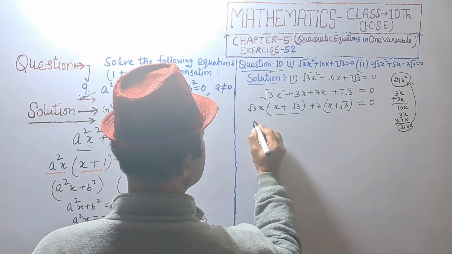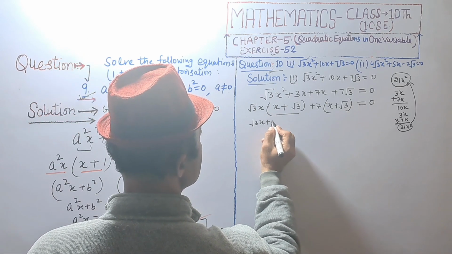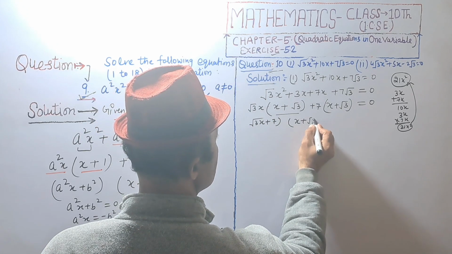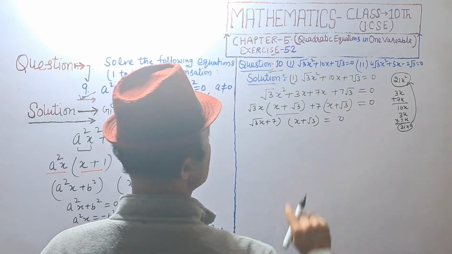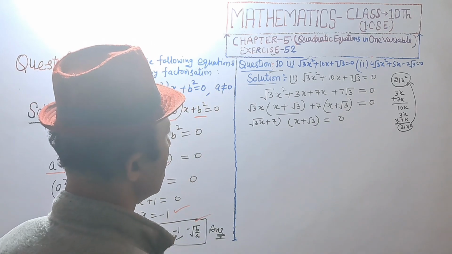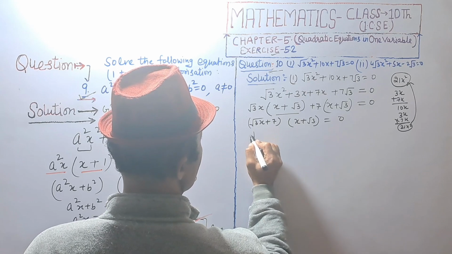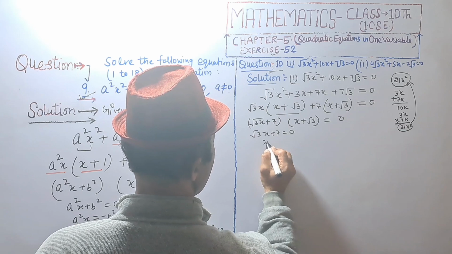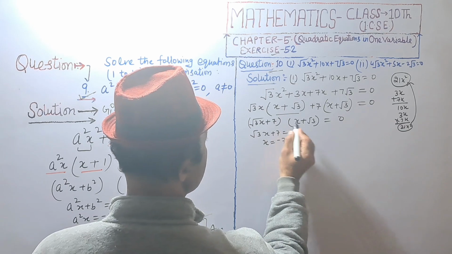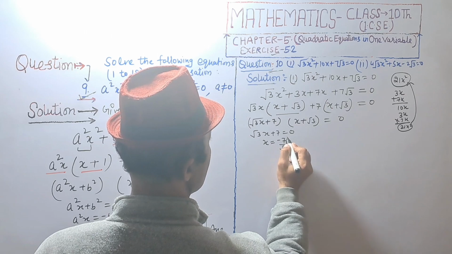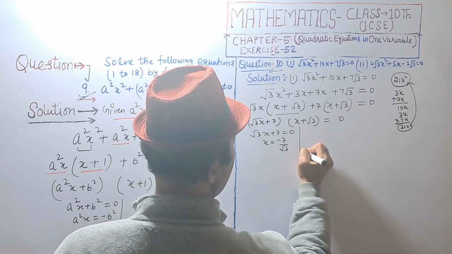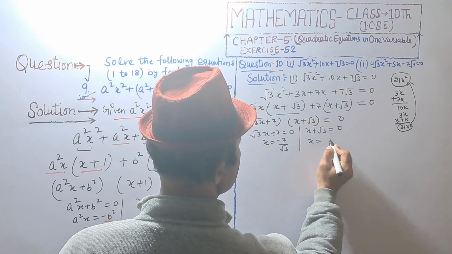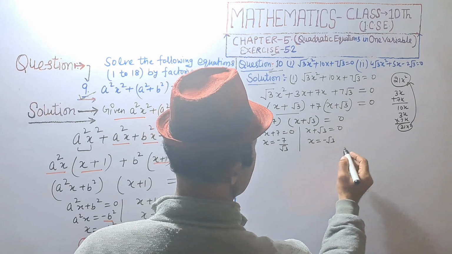And one factor is √3x + 7, and x + √3 is equal to 0. √3x + 7 is equal to 0. x is equal to minus 7 shifting to the right side upon √3, and x + √3 is equal to 0, that is x is equal to minus √3.